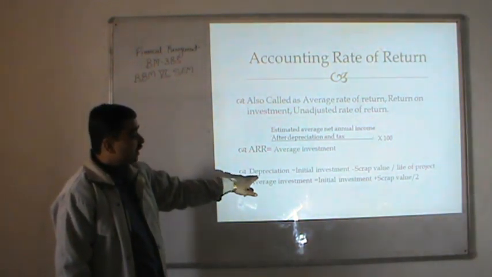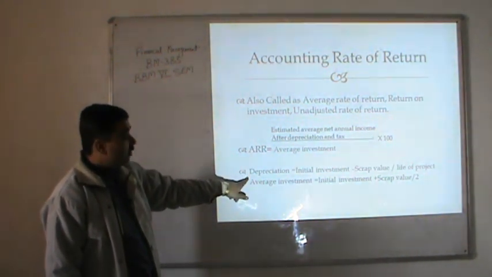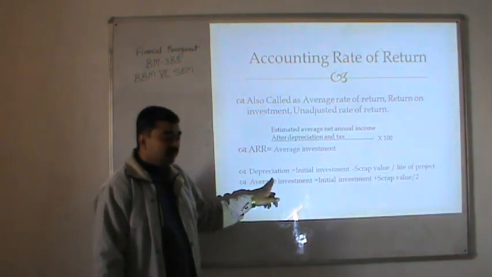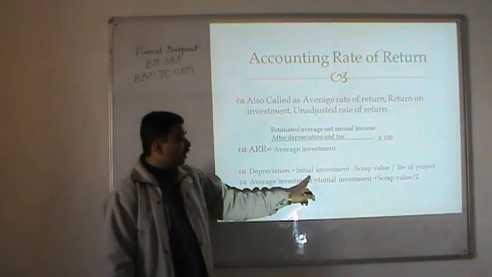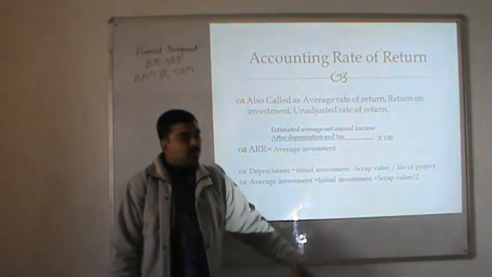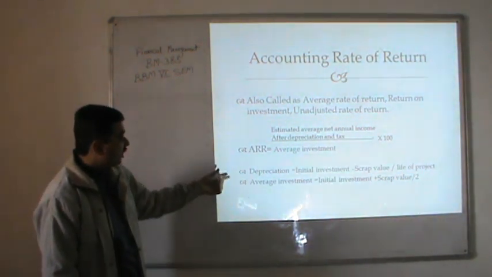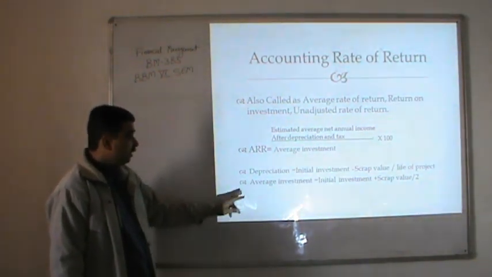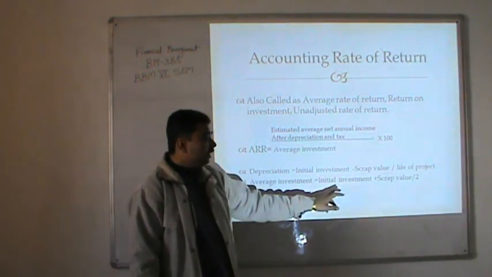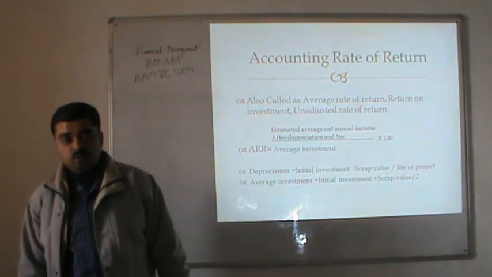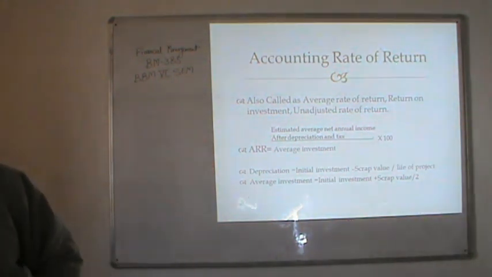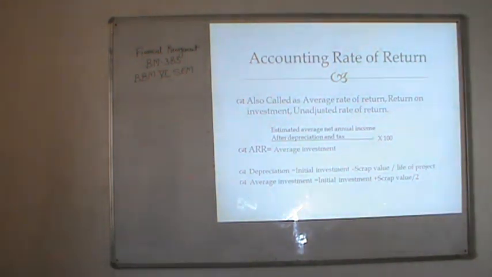Depreciation is calculated in this method on the basis of the straight line method, with the formula initial investment minus scrap upon life of the project. Average investment we calculate by adding investment and scrap, divided by 2. So with this method we will be calculating the accounting rate of return.